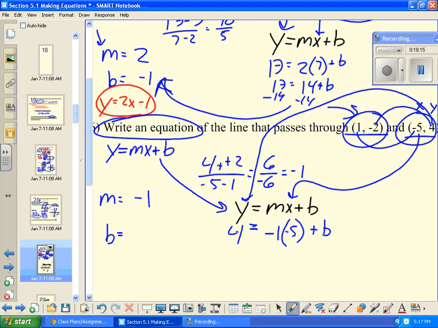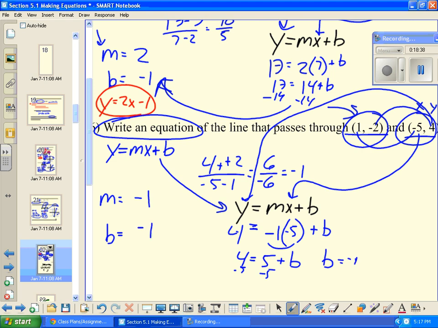So I've got 4 equals -1 times -5 plus b. Good catch there. So what do I do next? I can multiply these two together here. -1 times -5 gives me +5. So 4 equals +5 plus b. And then if I subtract 5 from both sides, I get b equals -1.